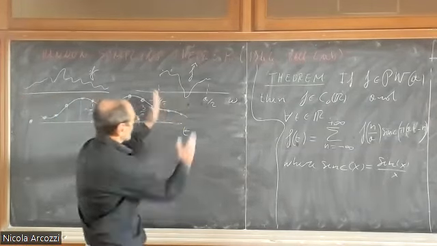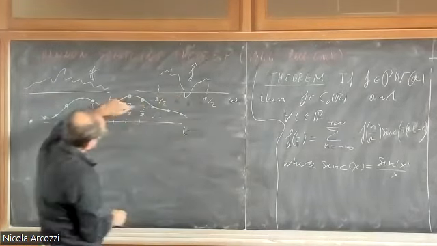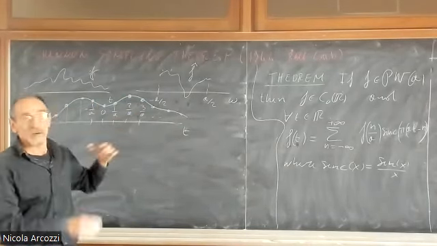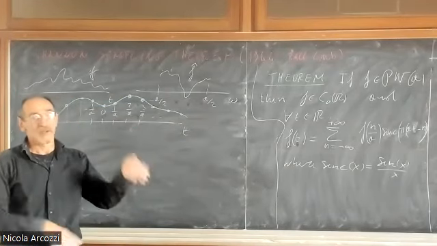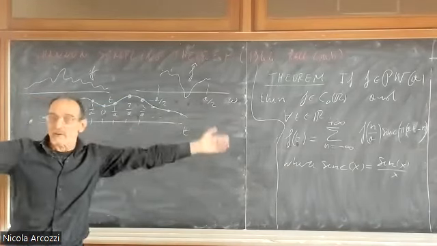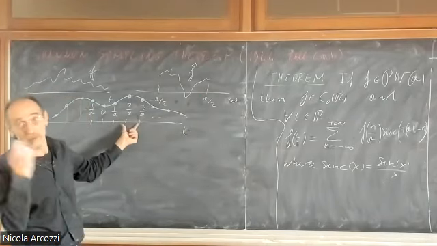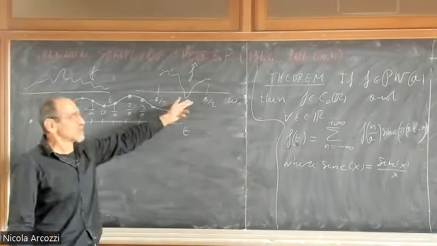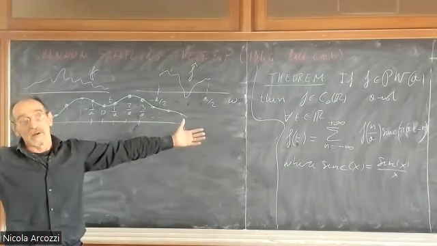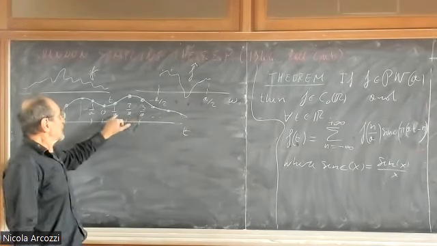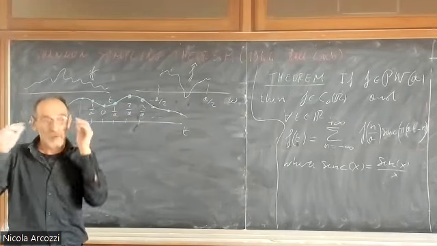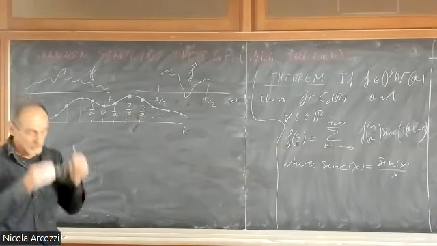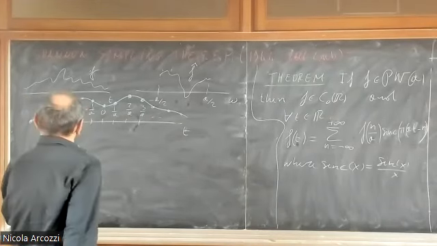So if a is very small, then 1 over a is very large, which means that I can sample with a sampling step that is very large. If I have not much information, which means that a is very large, then 1 over a is very small, which means I have to take more frequent samples.